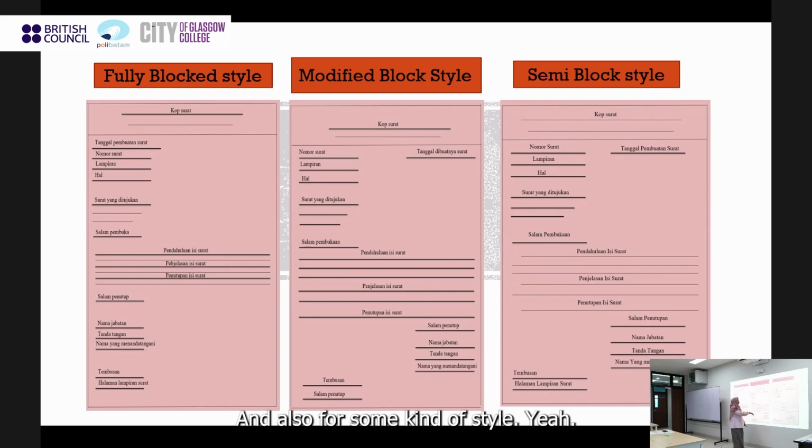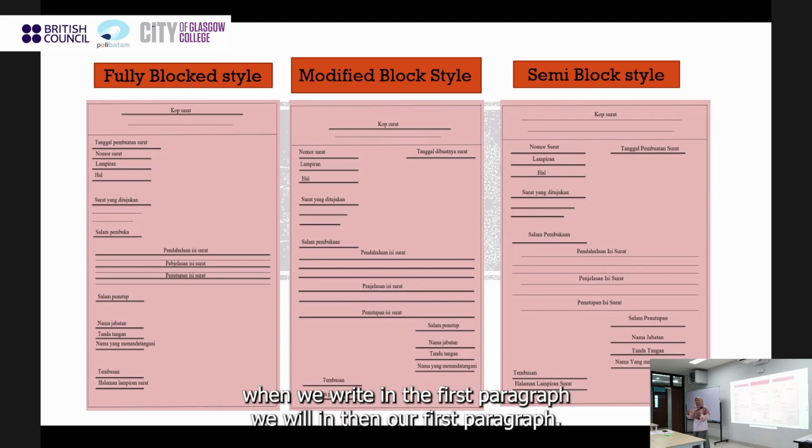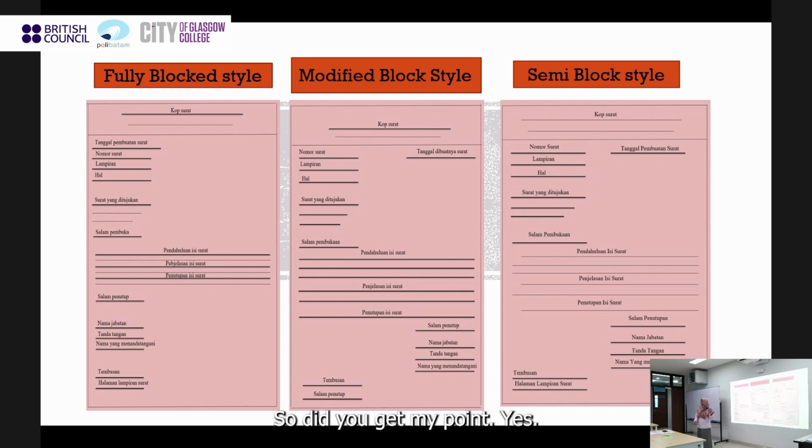And for semi-block style, you can see there is an indent. In Indonesia we call it, what? First paragraph. Usually when we write, we indent our first paragraph. So did you get my point? Yes. Okay.